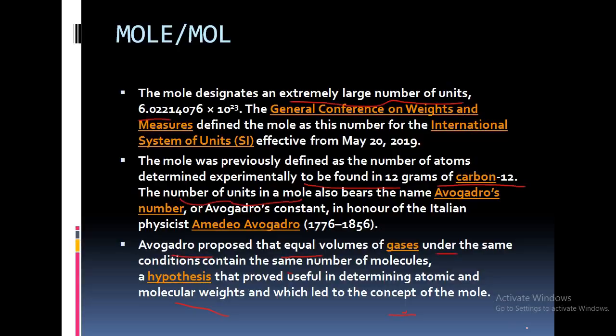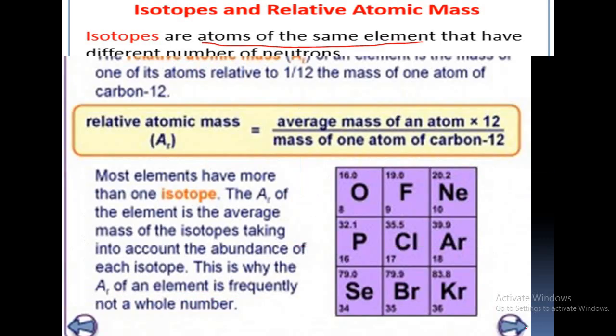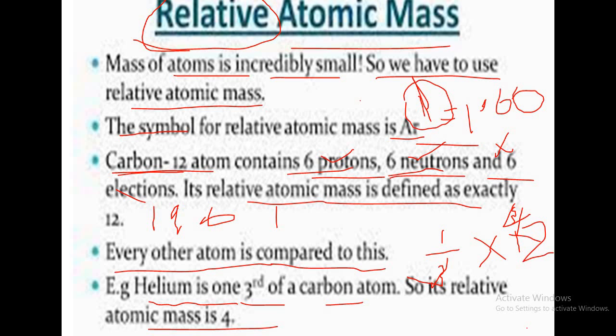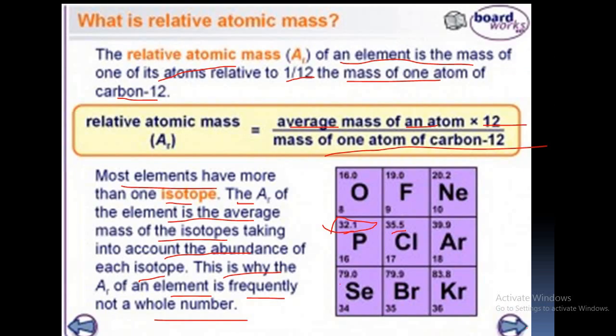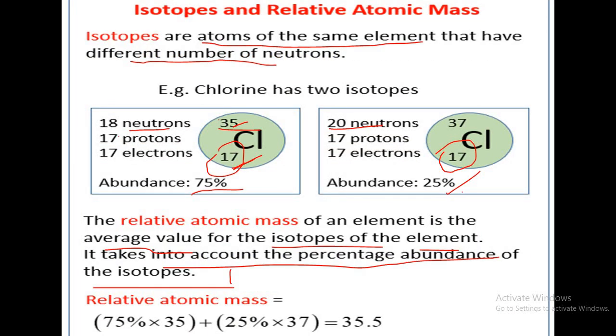Now what's the homework for you today? You have to write down these notes in your copy, this particular slide, whatever is written, then the definition and then the formula. If a reasoning based question is asked why the atomic masses are not whole numbers, you will give this reason.